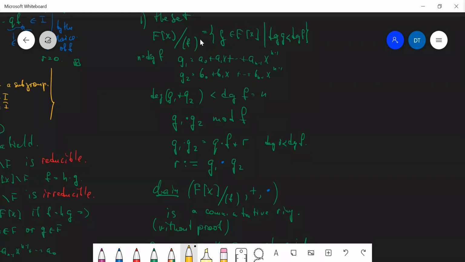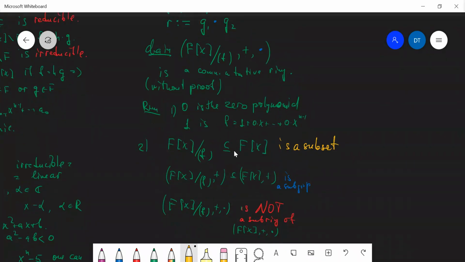So the multiplication is completely different here and here. So this is a subgroup with respect to addition inside the group of polynomials, but it's not a subring. This inclusion doesn't respect multiplication. If you take two elements here and multiply, the result will be different from when you consider these elements as arbitrary polynomials and multiply them. So that was the point here. I see.